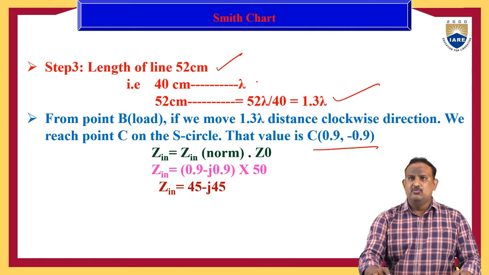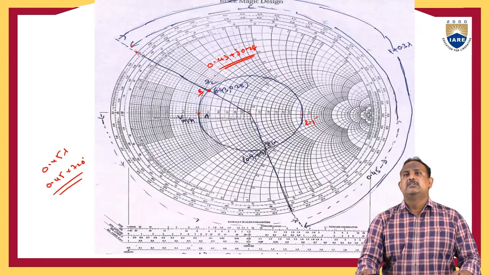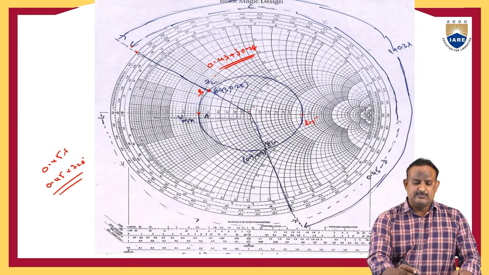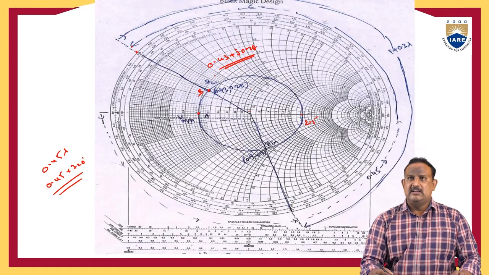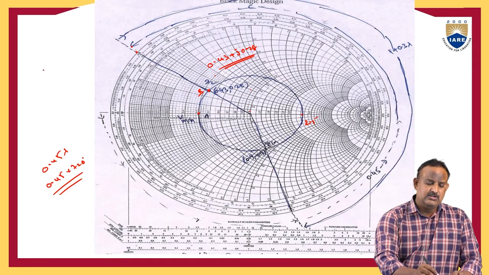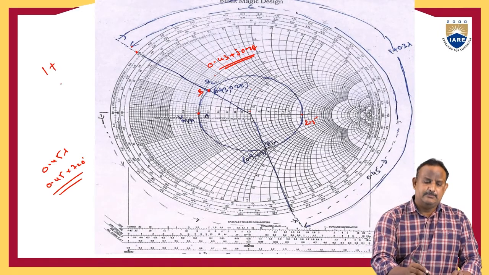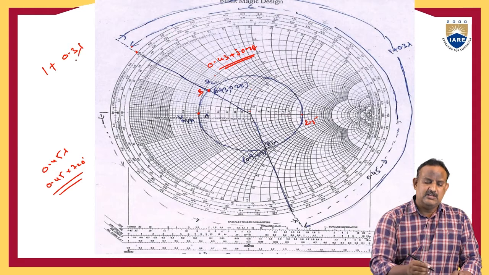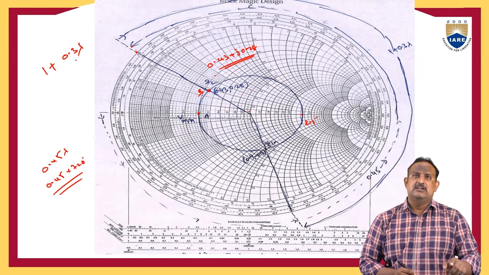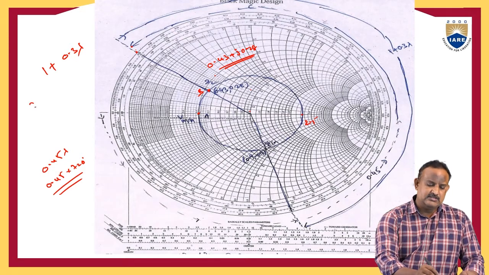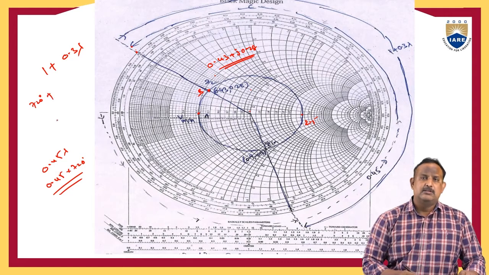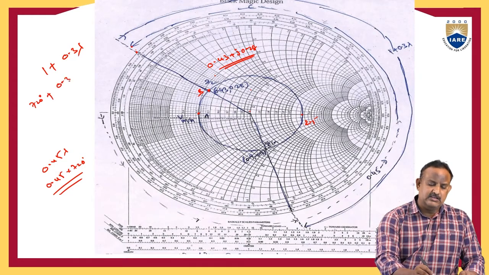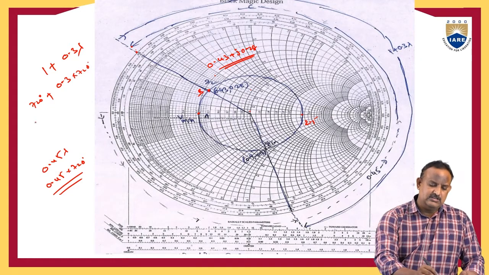So here we need to move 1.3 lambda. 1.3 lambda means one complete rotation plus 0.3 lambda. One complete rotation is 720 degrees, so 720 degrees plus 0.3 into 720 degrees.